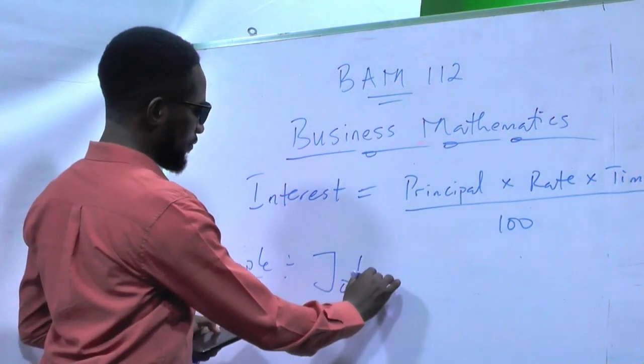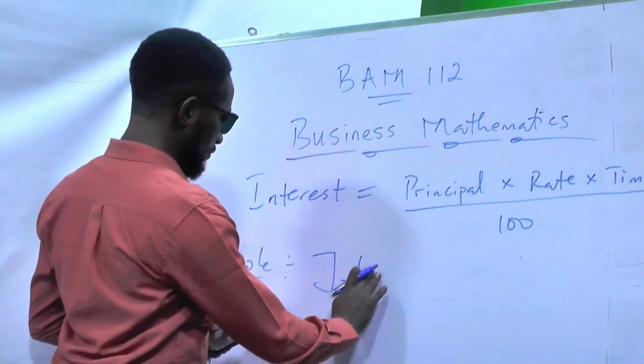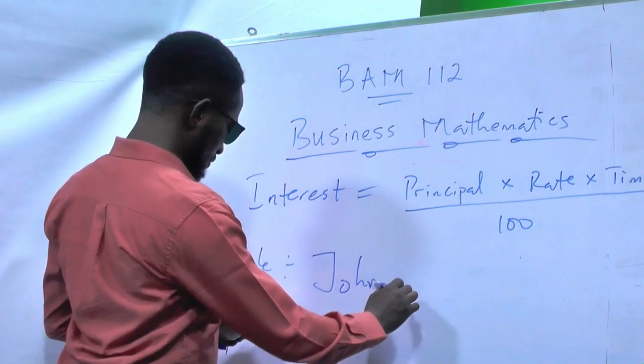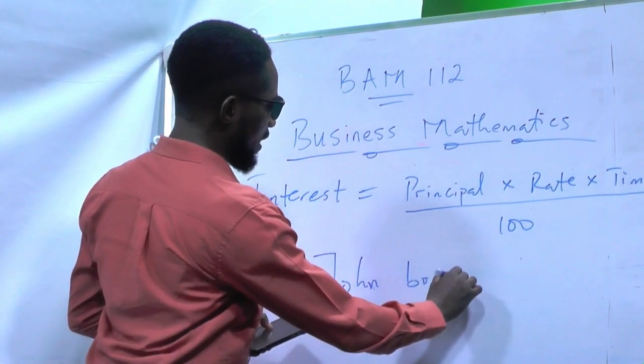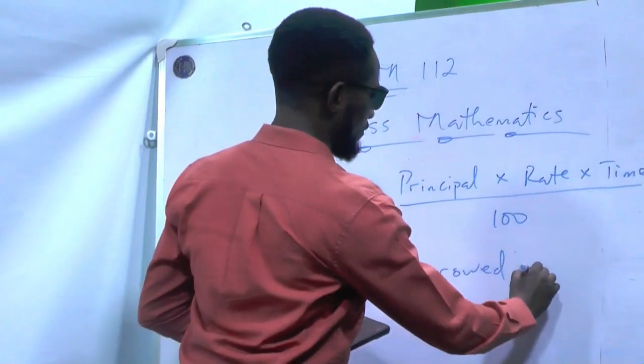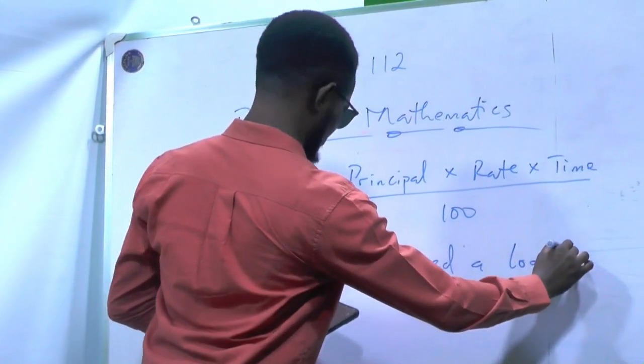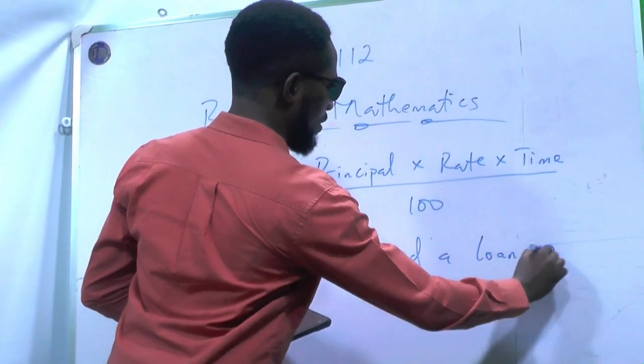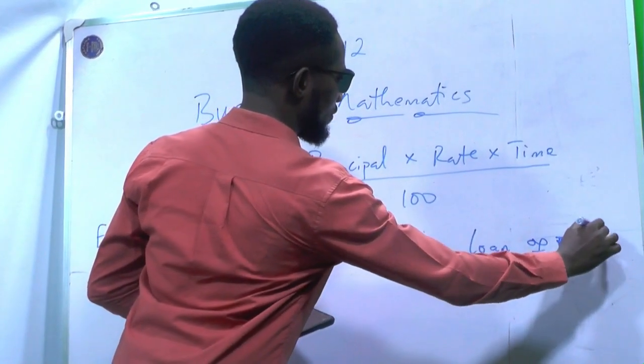So we have John. You see John borrowed. I told you earlier that the money borrowed is what we call the principal. A loan of 10,000 naira.